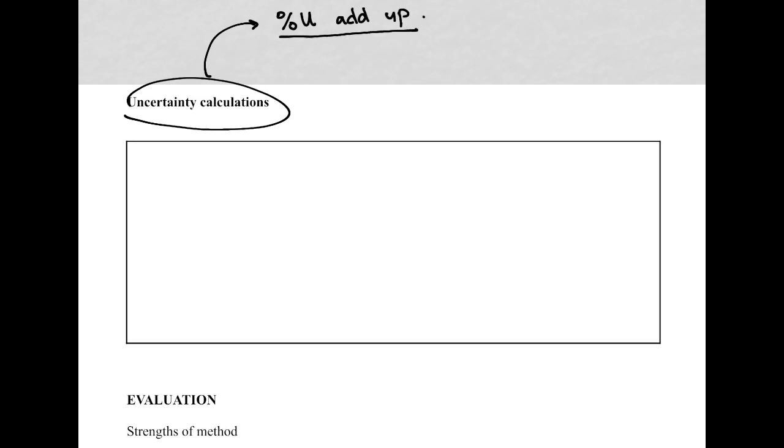Now, what is percentage uncertainty? Percentage uncertainty is the value of the uncertainty in the equipment divided by the volume or the amount measured, times 100. This is how you find percentage uncertainty. And for each equipment that you used for measurement, you're going to have a percentage uncertainty.